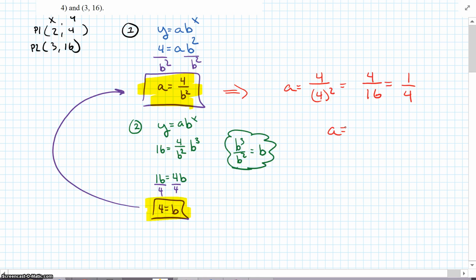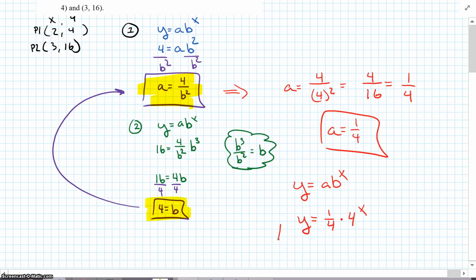So my a variable is 1 over 4. My b value is 4. So if I got y equals ab to the x, my y would equal 1/4 times 4 to the x. Okay, look that over. Make sure you can follow the steps. And we'll continue in just a second.